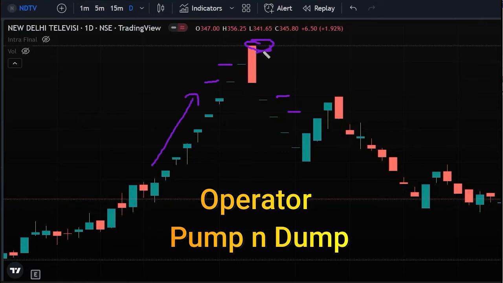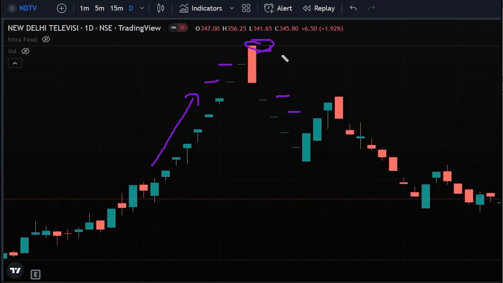On the red candle the operator dumps all his shares, and then we are seeing the bearish rally. So if retailers have taken entry in these four price dojis, they are not able to exit their trade because the volume gets locked. The operator controls the volume of the particular company, so you are not able to take entry or exit according to your own wish.